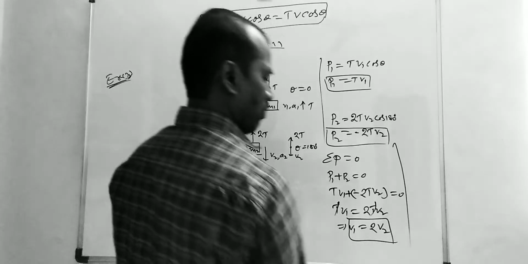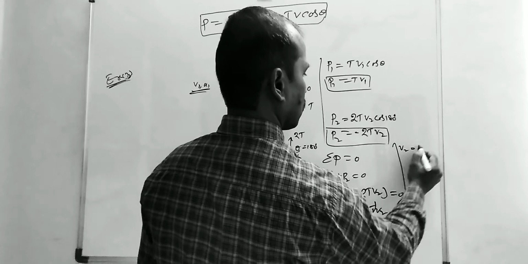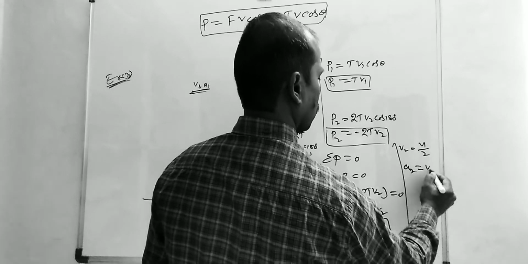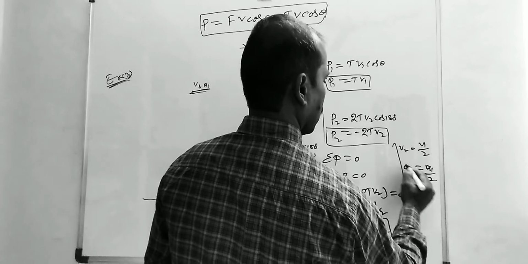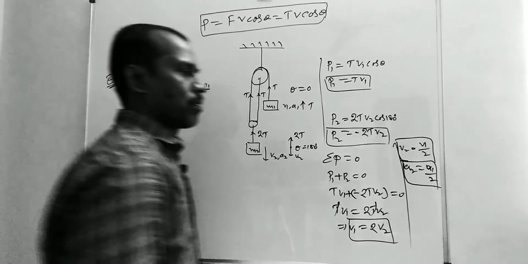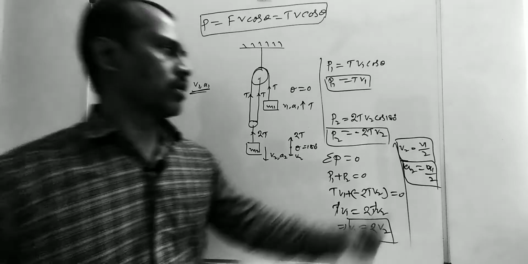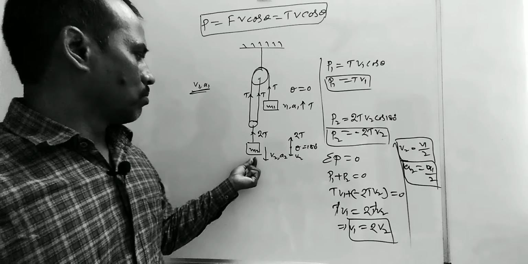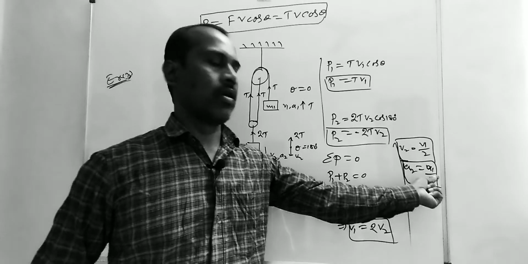So V2 is equal to V1 by 2. The velocity of the block M2, V2, is equal to V1 by 2. The acceleration of the block M2, A2, is equal to A1 by 2.